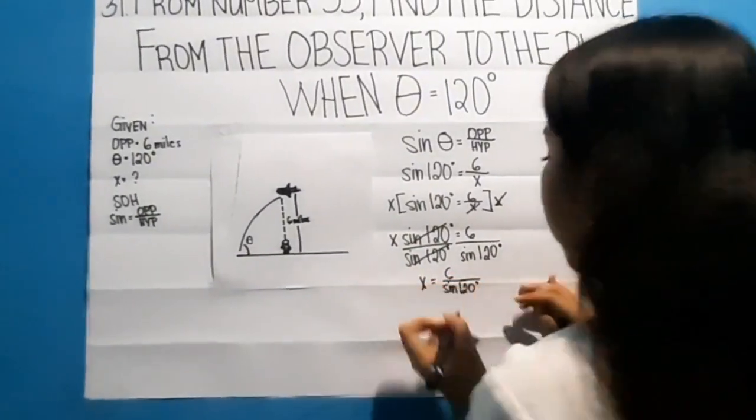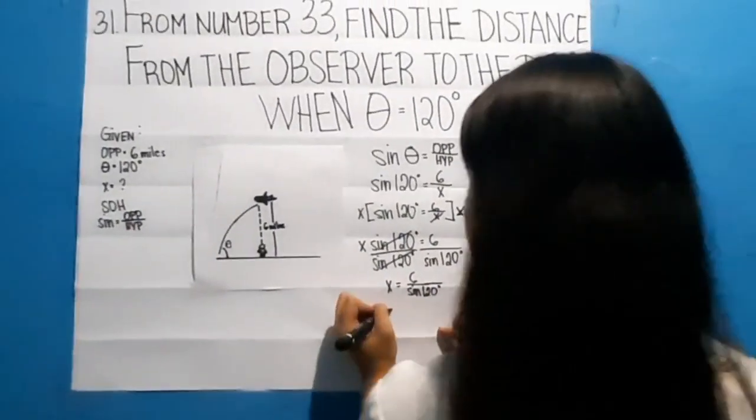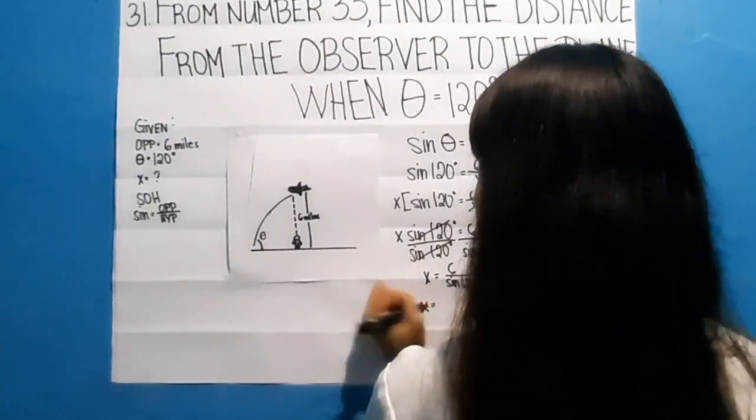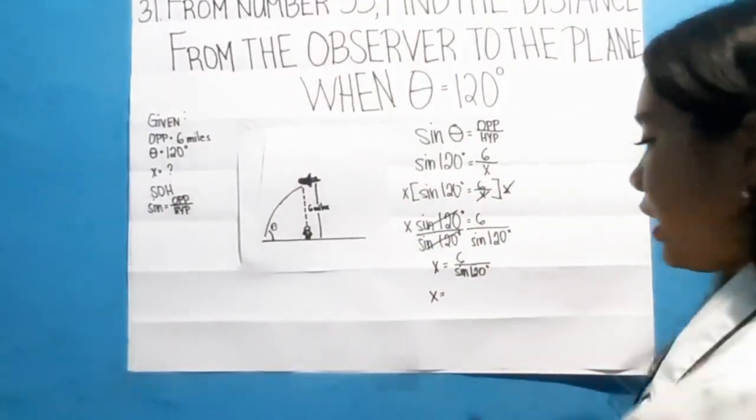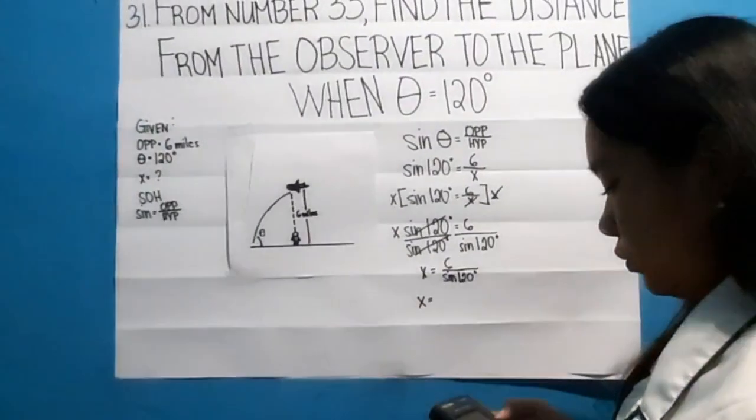So we will calculate this by dividing 6 by sine 120 degrees.